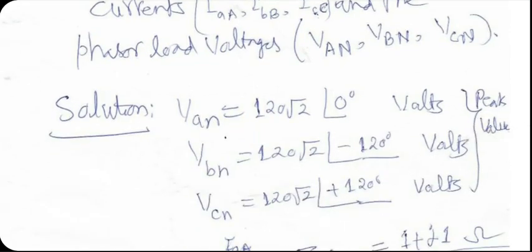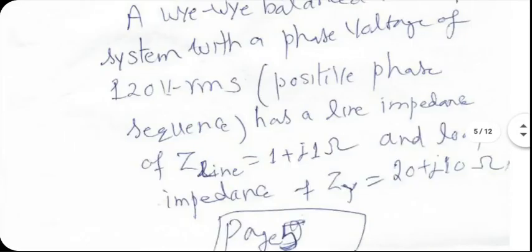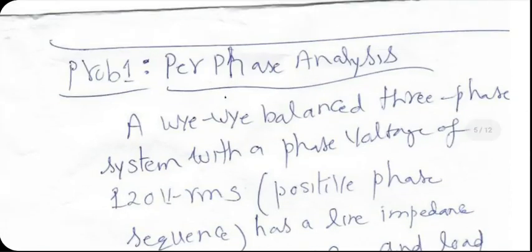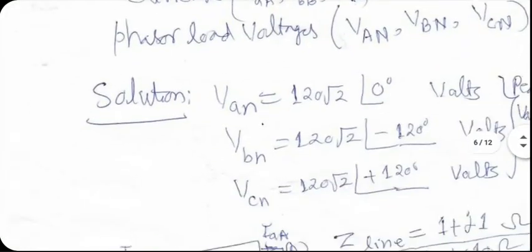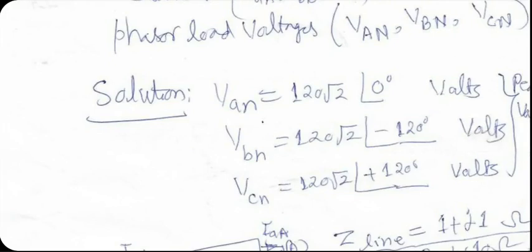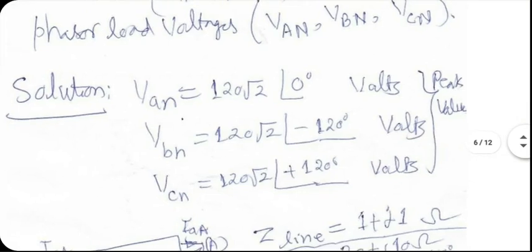Okay, so VAN will be simply 120 volt RMS multiplied by square root of 2 because I'm writing peak values, at 0 degrees. VBN will be the same value but with minus 120 degree phase shift. VCN, same value with minus 240 degree phase shift, which will become plus 120 degrees if necessary.